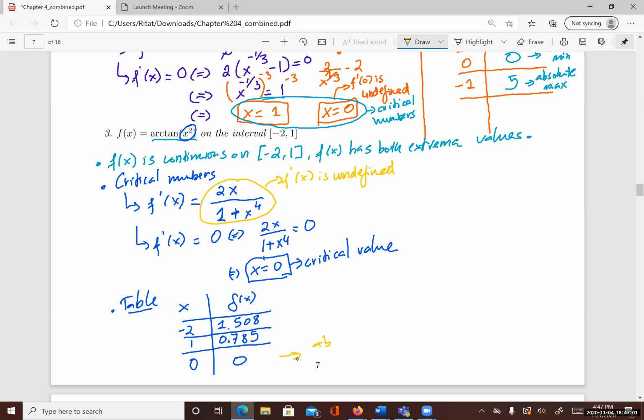So this should be the absolute min, and this is the absolute max value.